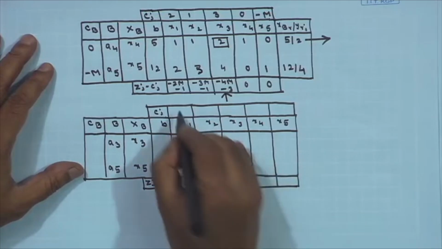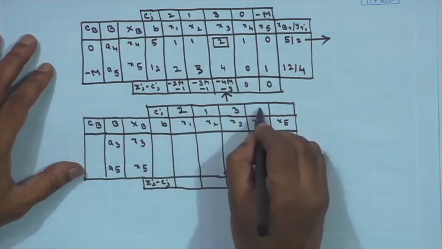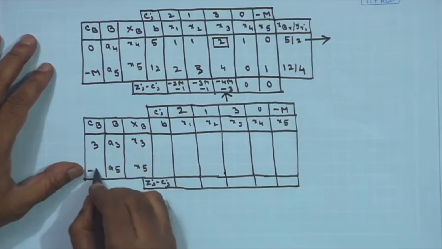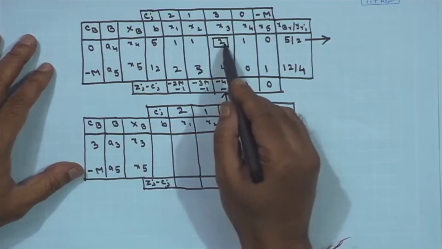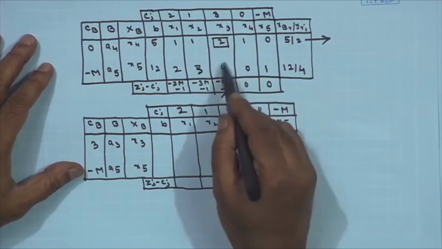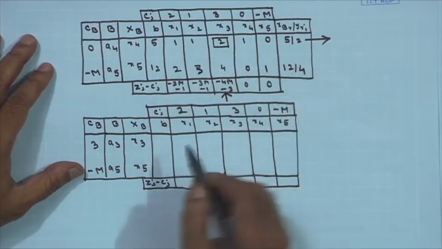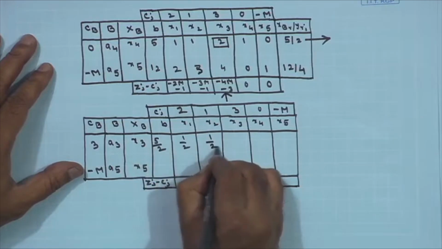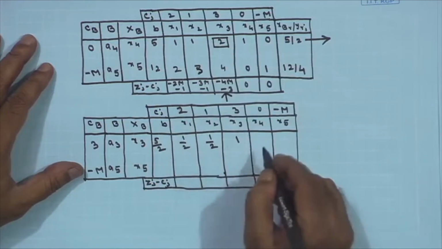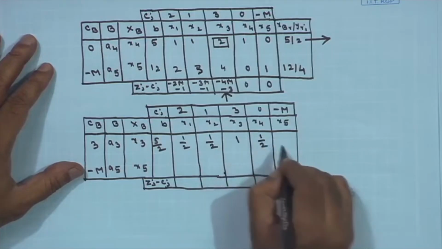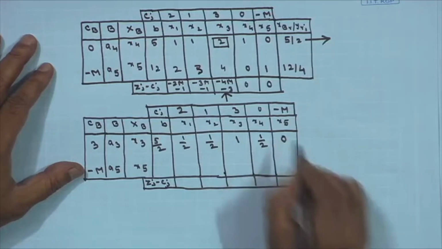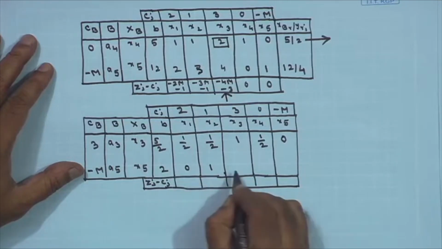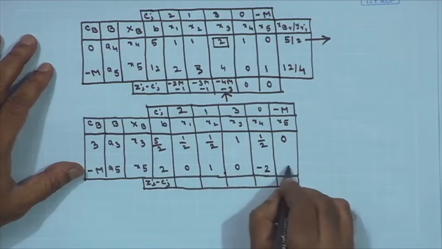So, your cj is 2, 1, 3, 0, minus M. Your cb for x3 is 3, so it will be 3 and minus M. I have to make this as 1 and this element as 0. As usual I am just writing the result directly: half, half, this element is 1, half and 0. For this case, it will be 2, 0, 1, 0, minus 2 and 1.